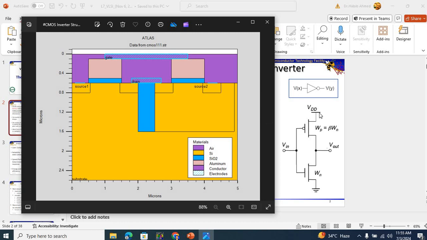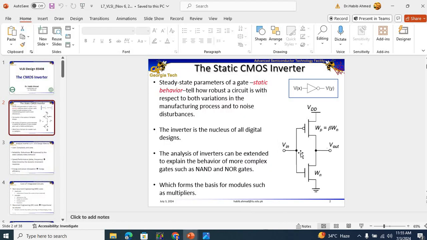The source of the PMOS is connected to the supply voltage. Here is the source of the PMOS, and the source of the NMOS is connected to ground. Here is the source of the NMOS. If the input is high, the NMOS is conducting and the PMOS is turned off.